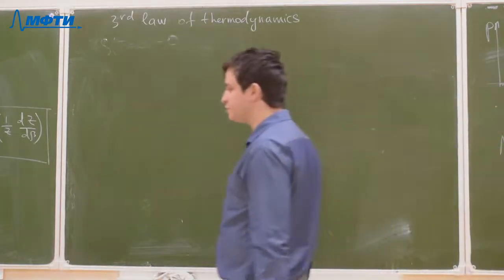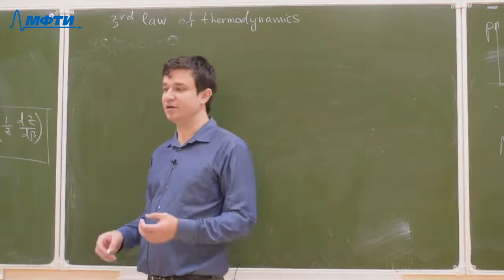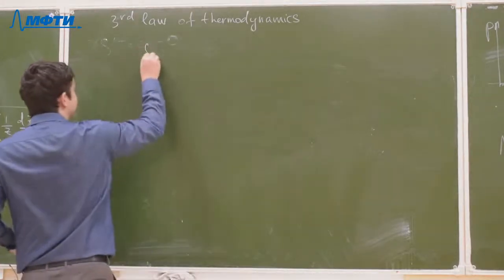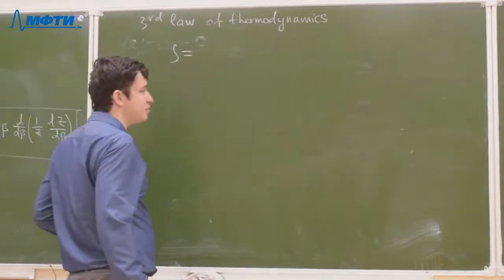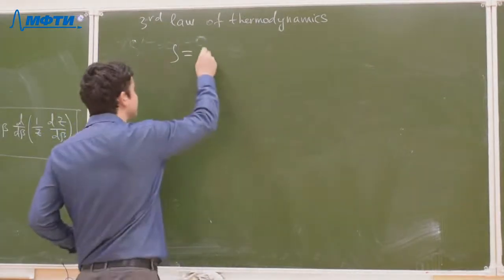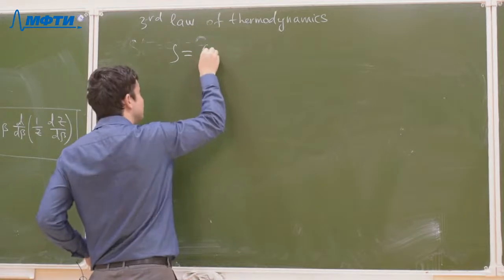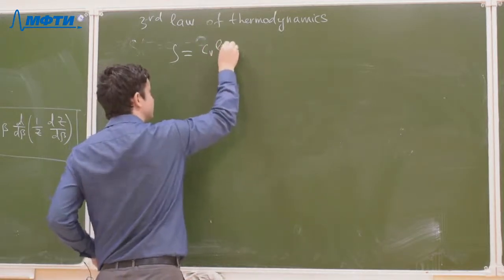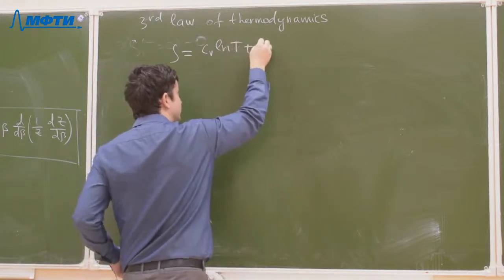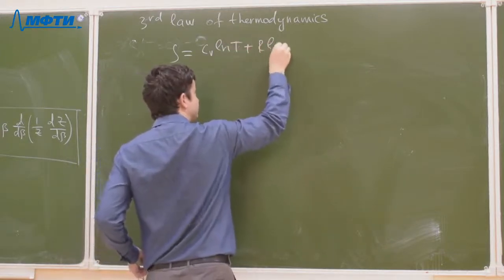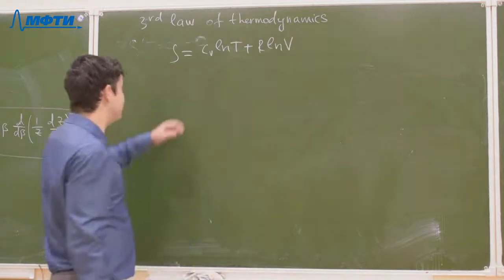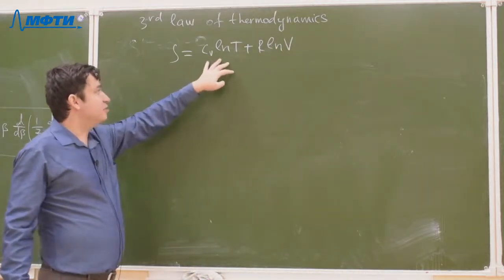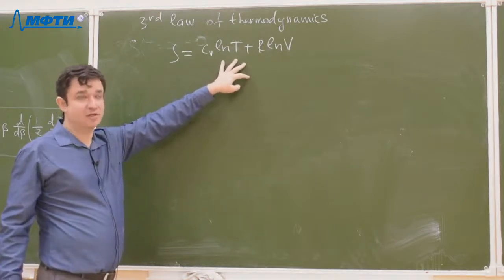First of all, let's remember an expression for the entropy of an ideal gas. Sometimes it's written as a function of temperature and volume. Entropy of the ideal gas can be written as this.